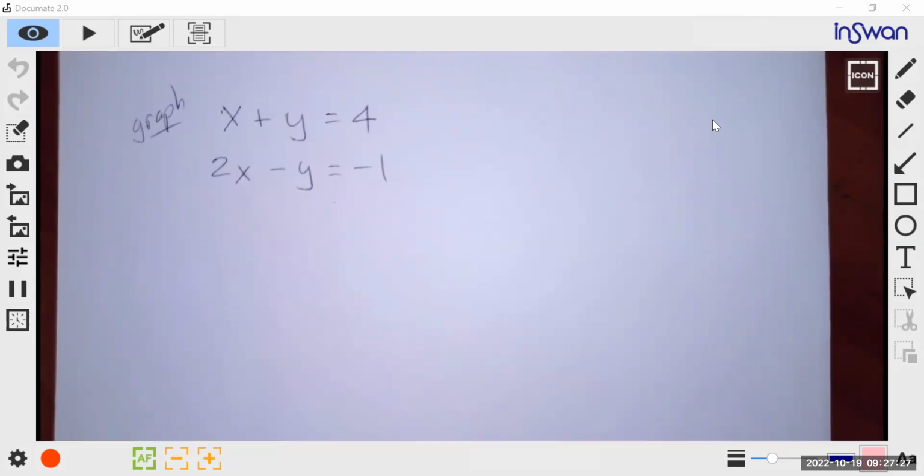If you're asked to tell me the solution by graphing, what do you do first? If you don't know, tell me. Okay, that's what it's saying to you to do, but how do you do that? What do you have to do first? Solve for what?